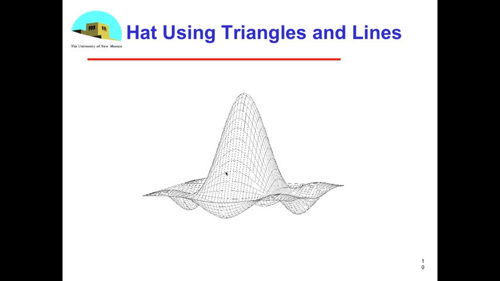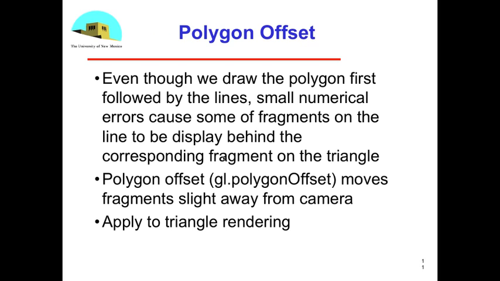So OpenGL, and this got carried into WebGL, has a very nice way of getting around that, which is called polygon offset. Even though we drew the filled polygons first, these little numerical errors cause problems. Polygon offset can be applied to lines, it could be applied to points, it could be applied to polygons.